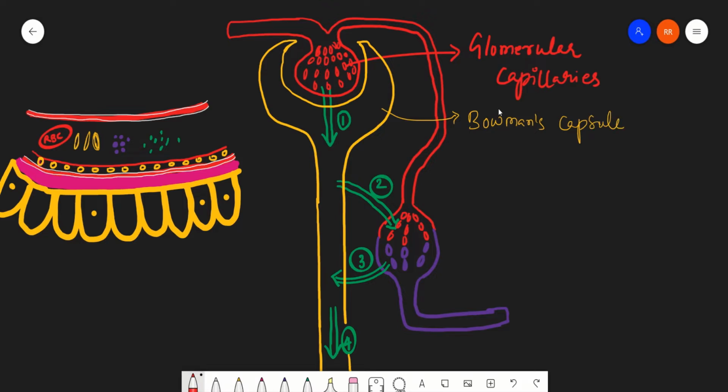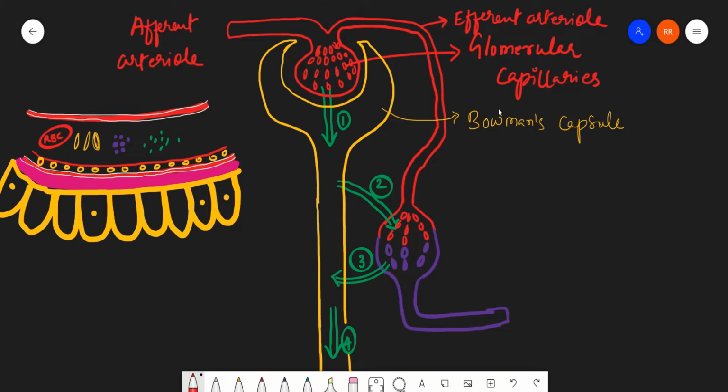And the artery which brings blood into the glomerular capillary is known as your afferent arteriole, and this one is your efferent arteriole.